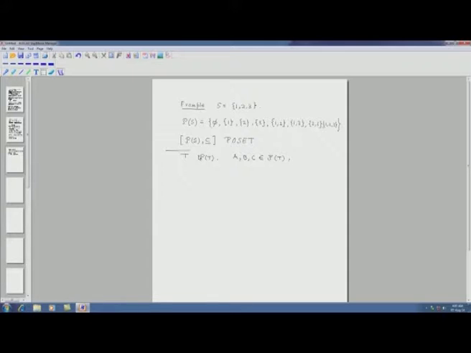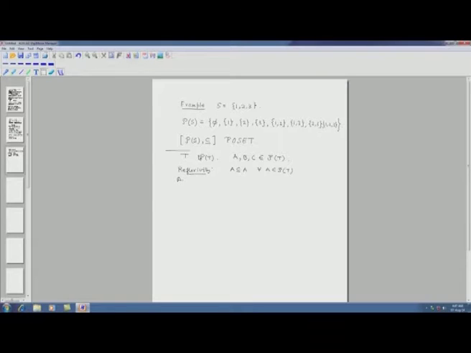From very basic set theory, we know that reflexivity holds, that is A is a subset of A for all A belonging to P T, including the empty set.